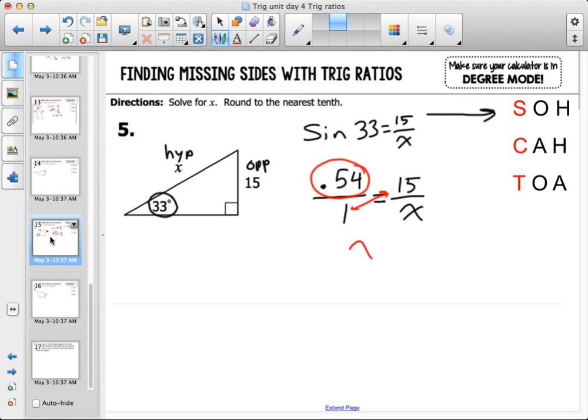X should equal 27.8. And it does make sense because our hypotenuse needs to be the longest side. If we had just simply multiplied 15 times 0.54, we would get something around 7. And that can't possibly be true because the hypotenuse must be the largest side. So this is why we really need to be careful with how we set these up.